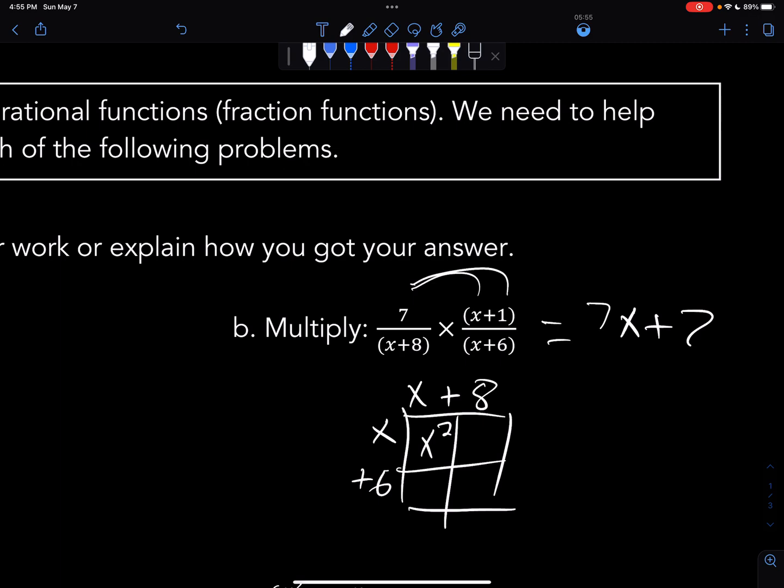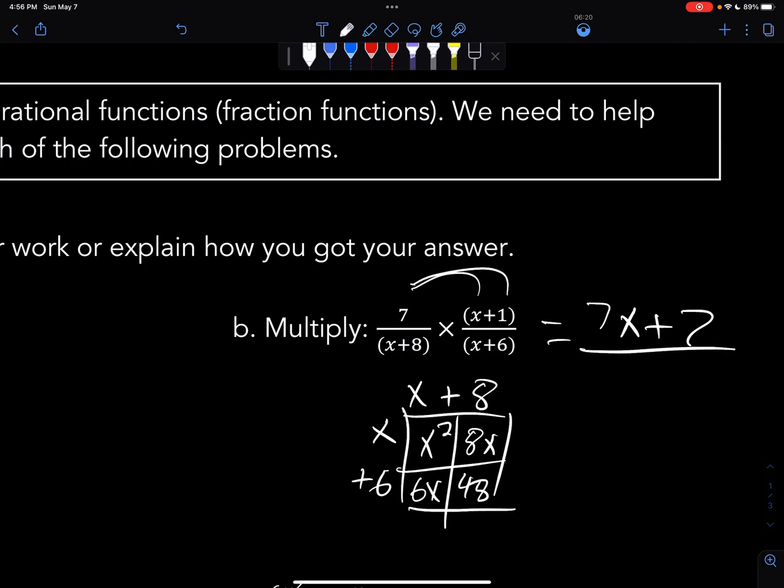X times x is x squared. Multiplying 8 times x, we get 8x. Multiplying x times 6, we get 6x. Last, multiplying 6 times 8, we get 48.